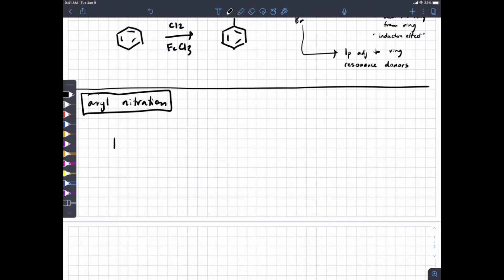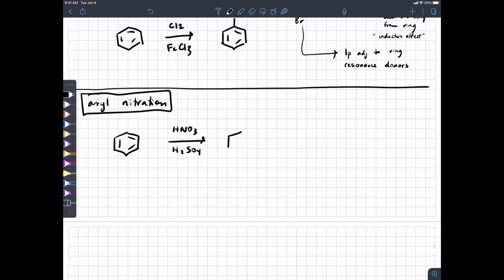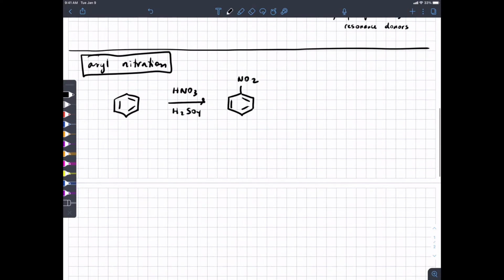The conditions for this reaction are using nitric acid in sulfuric acid. Usually when you mix nitric acid and sulfuric acid, you've got something that's called aqua regia, or fuming sulfuric acid. It's kind of a dangerous thing to do, so I've never done this reaction and wouldn't necessarily recommend it. But if you want to install a nitro group, that's how you do it.